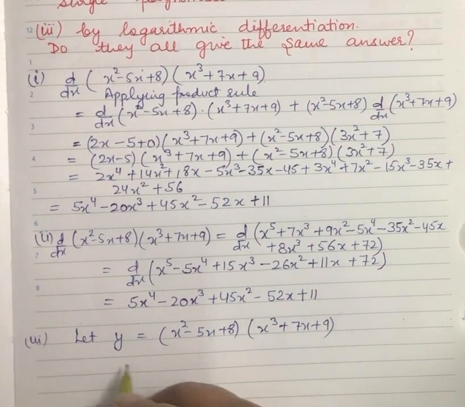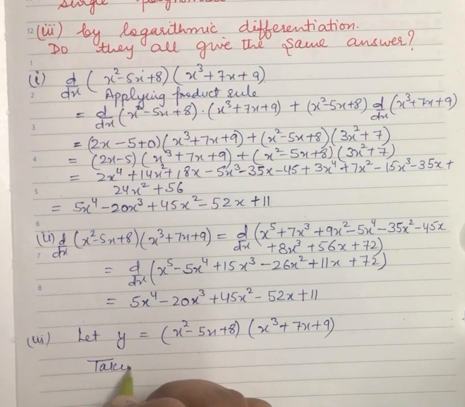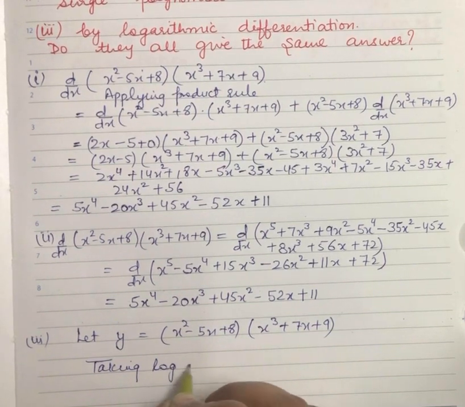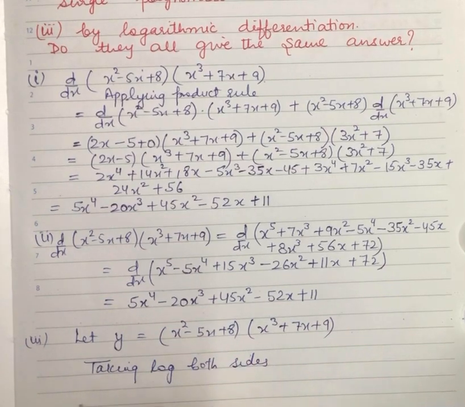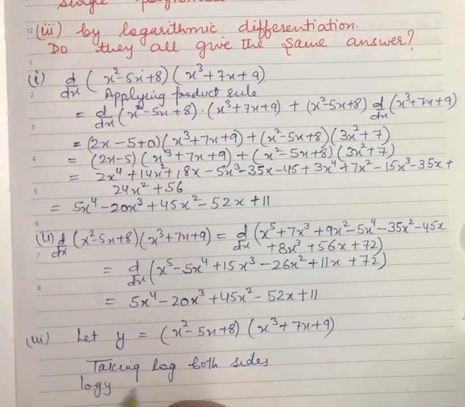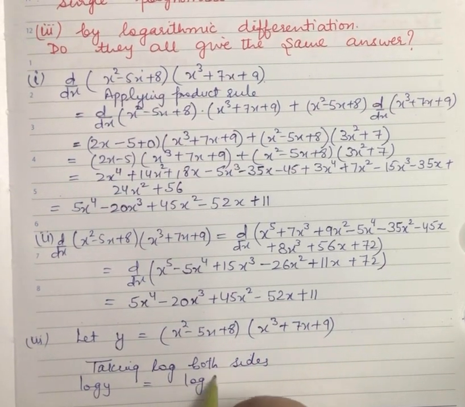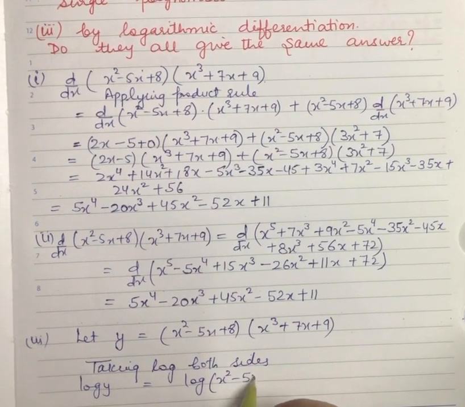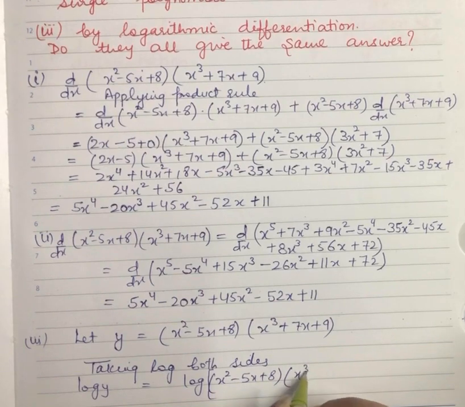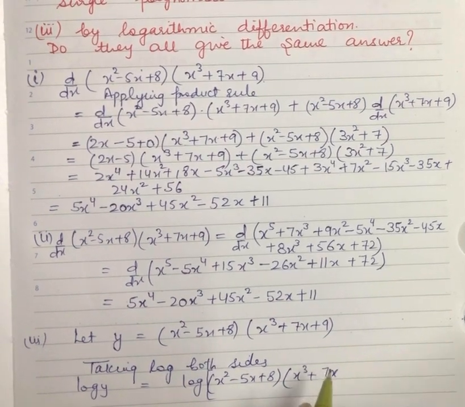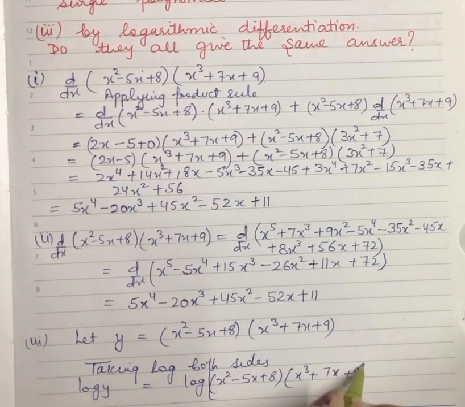So taking log both sides, what we get, log y equal to log of (x square minus 5x plus 8) into (x cube plus 7x plus 9).